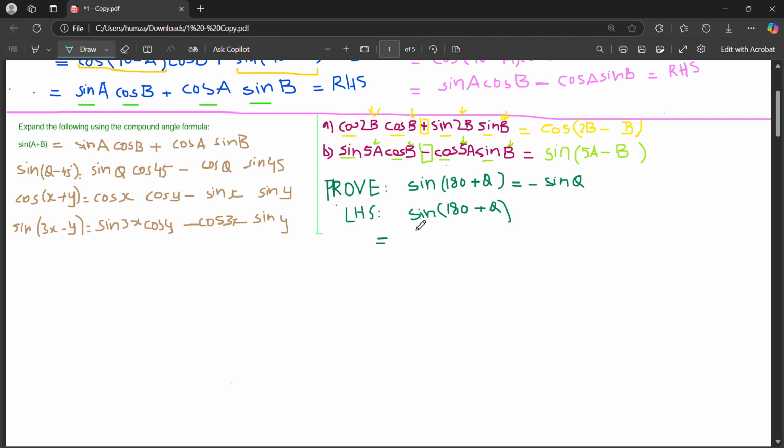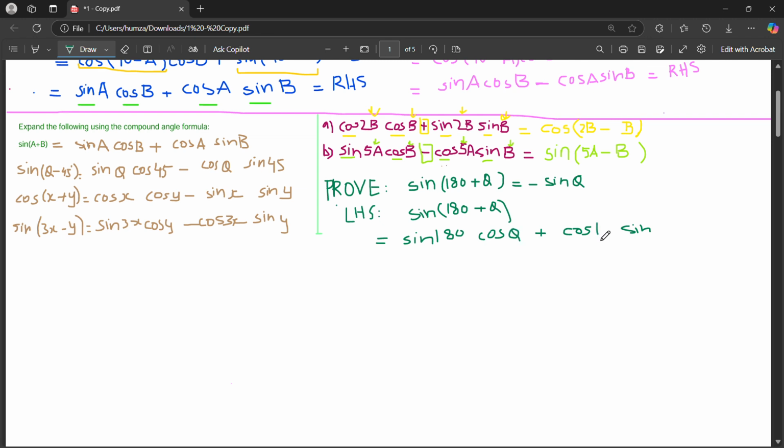This is sin, so we are going to use the pattern sin, cos, cos, sin. If we have sin, then whatever sign is in the bracket won't change. So positive will remain positive.